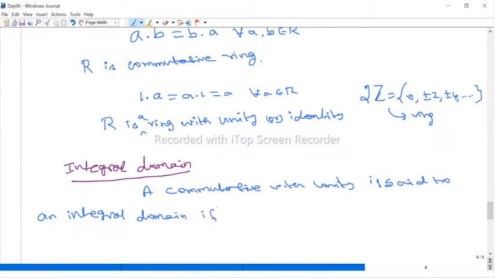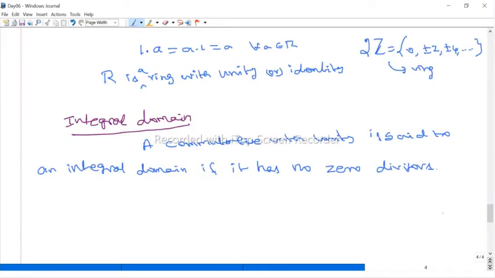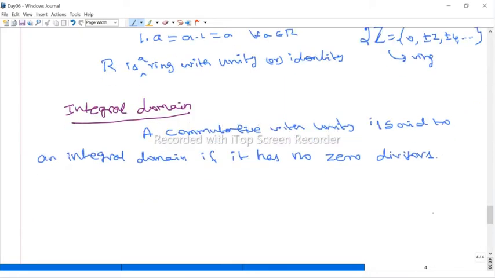If it has no zero divisor. So zero divisor means what? An element A is said to be a zero divisor if there is another non-zero element such that the product is zero.